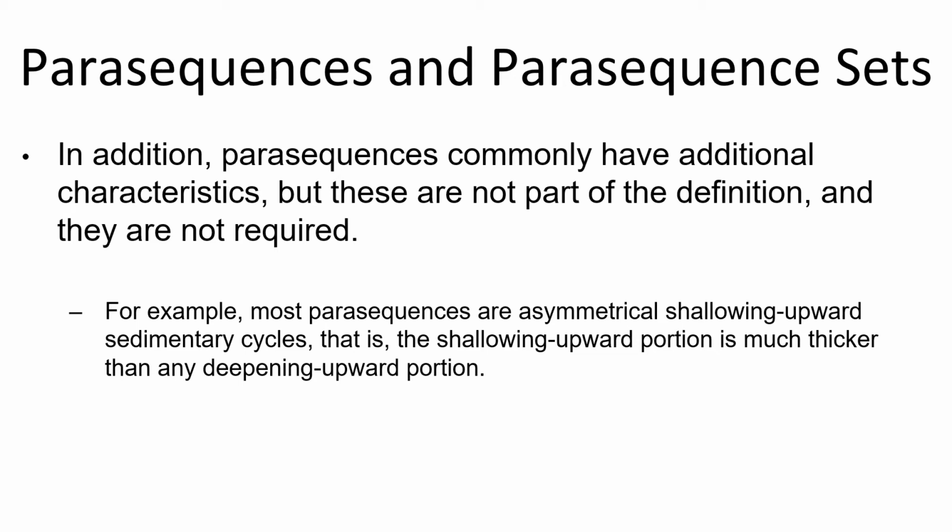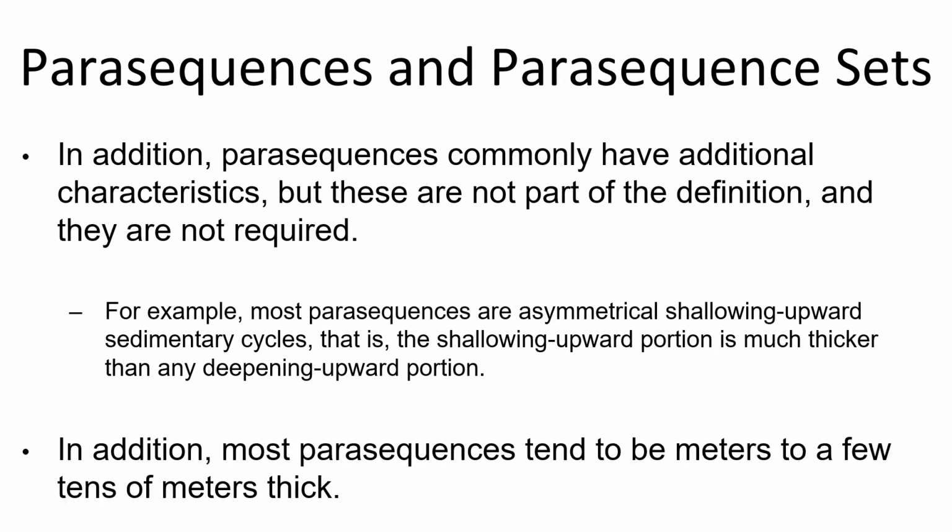So your shallowing upward portion is usually going to be thicker than the deepening upward portion. It's just a common thing that you see, but not always. Also, a lot of our parasequences tend to be a few meters to maybe tens of meters thick. So these can be easily identifiable, even in outcrop and in road cut.